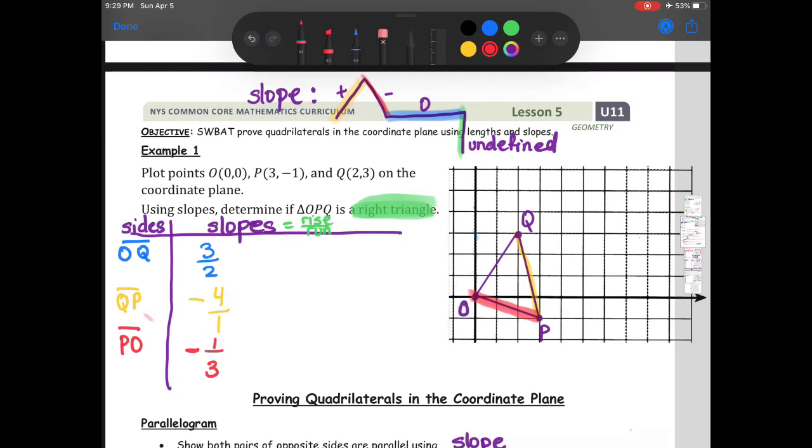So what do we write? You must answer using the question. This is your question. I'm going to put a star here. It says using slopes determine if OPQ is a right triangle.